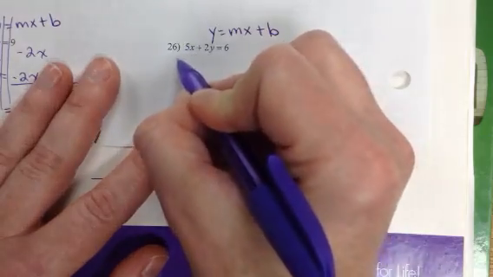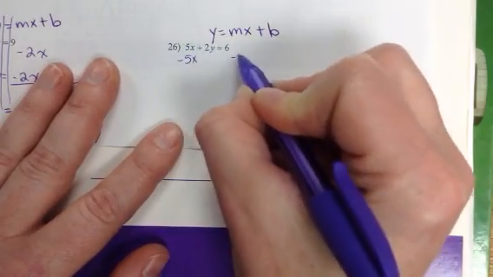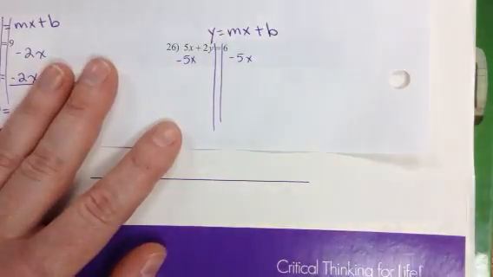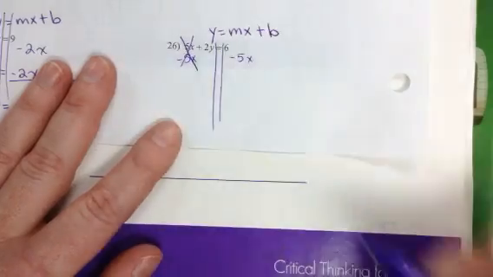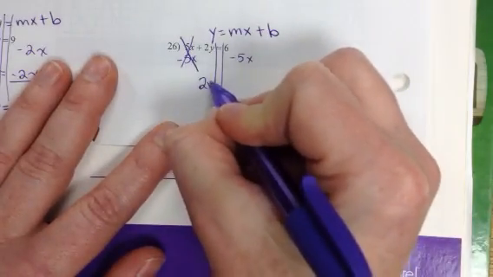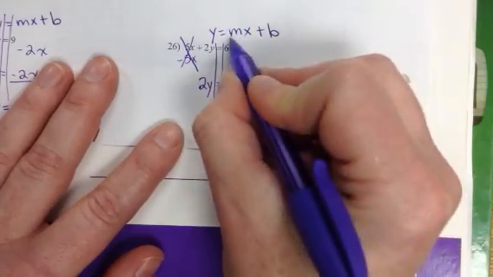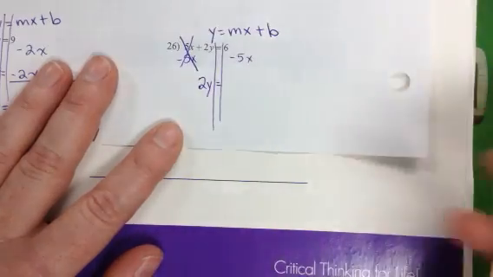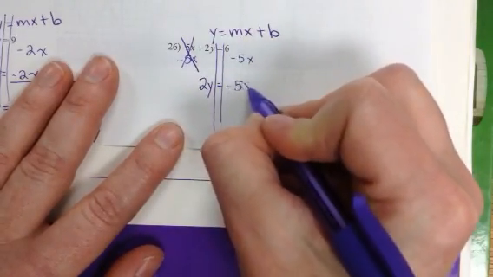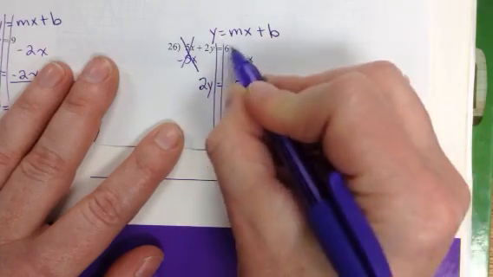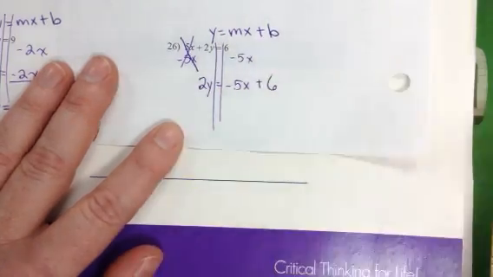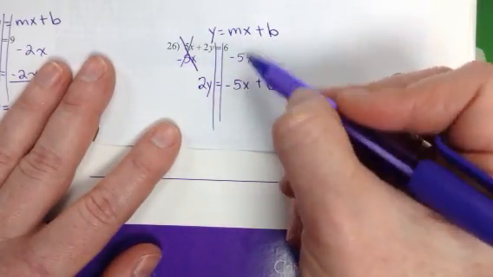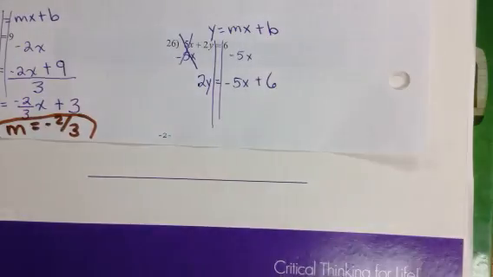It is a positive, so I'm going to give it a minus 5x on both sides of the equation. The positive and negative cancel, so 2y equals, I need my x term to go first for slope-intercept form. So negative 5x, there was already a 6 over here and it was positive, so I'm going to push it to the back. So now my x term does line up with the goal that I want to have.